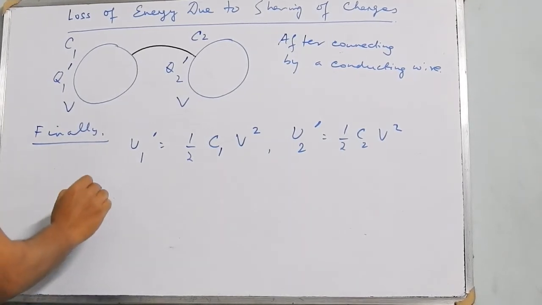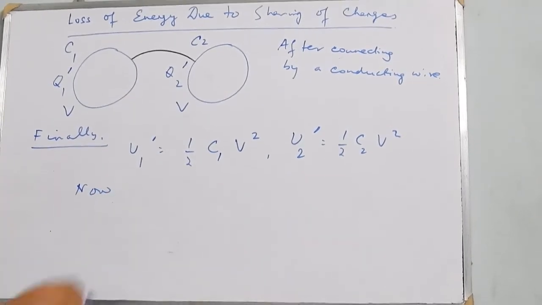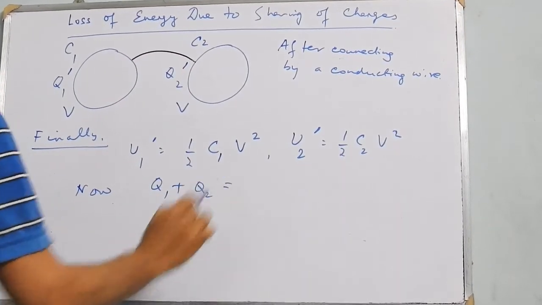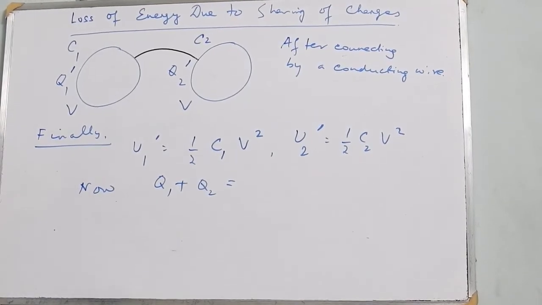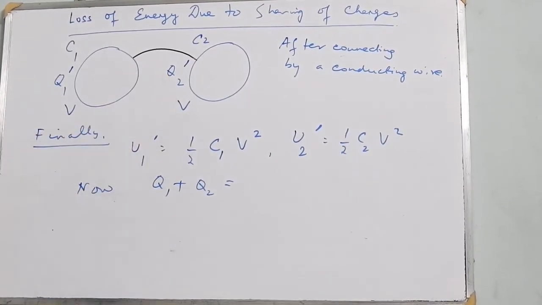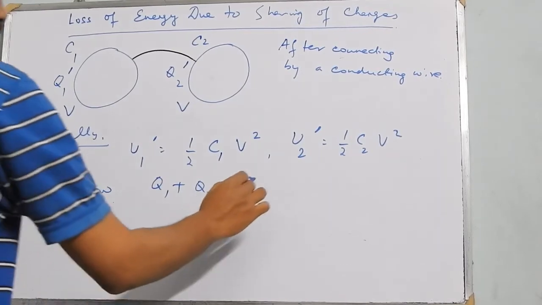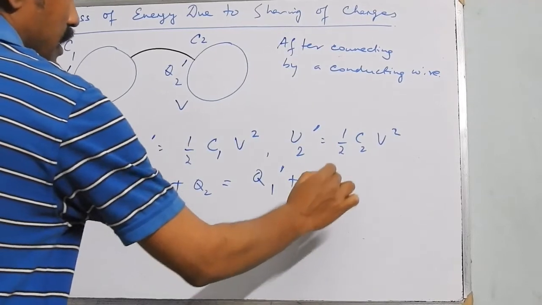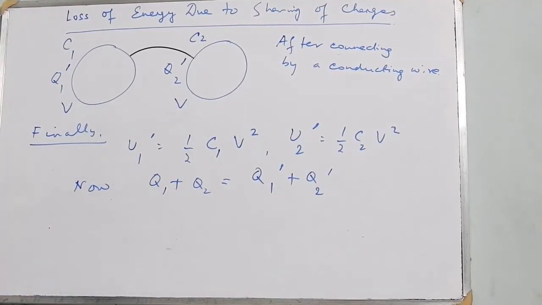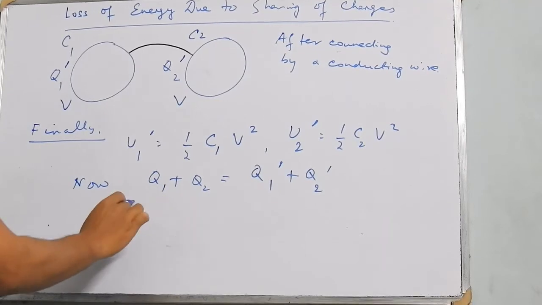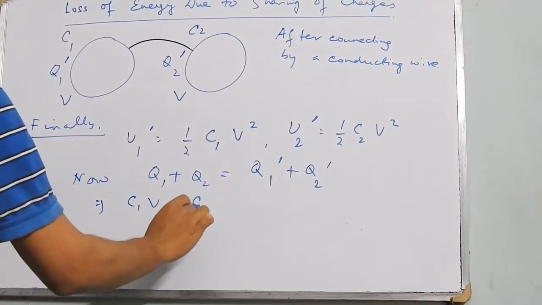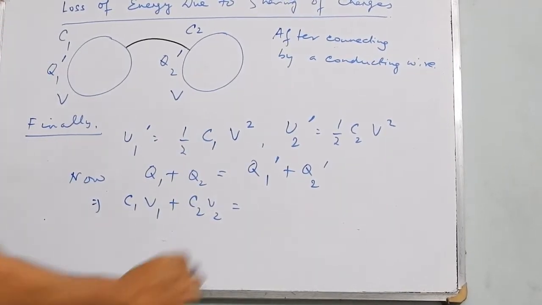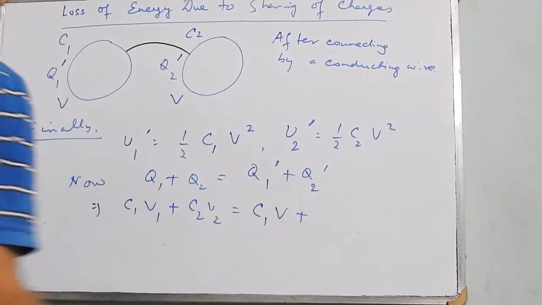Now by the conservation of charge, we can say that in the previous situation, before connecting with a conducting wire, the sum of charges was Q1 and Q2, and after connecting by a conducting wire until they achieve the common potential, the charge is now Q1 dash and Q2 dash. As charge is conserved, the sum of Q1 and Q2 must be equal to Q1 dash plus Q2 dash. So Q1 was C1 V1 and Q2 was C2 V2, and here Q1 dash is definitely C1 V and Q2 dash is definitely C2 V.